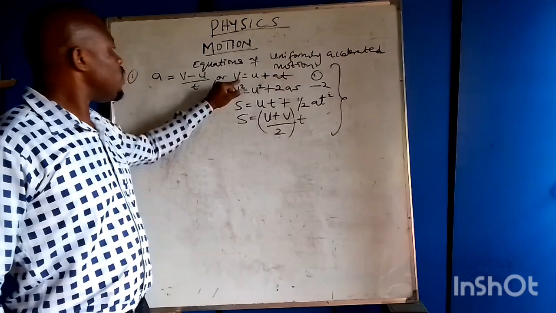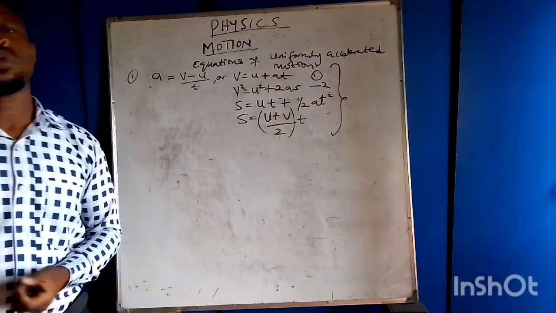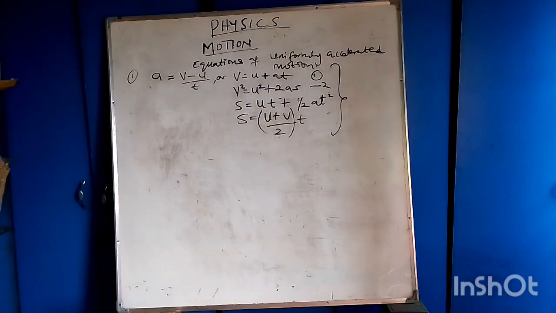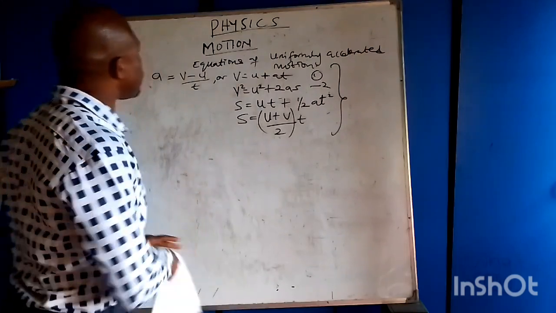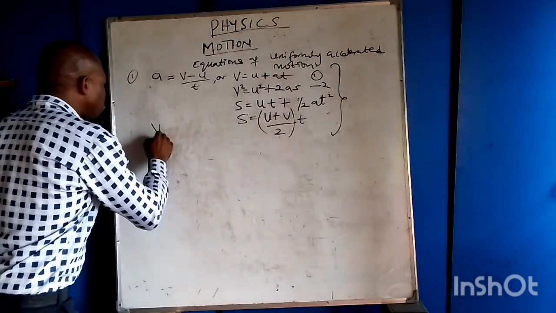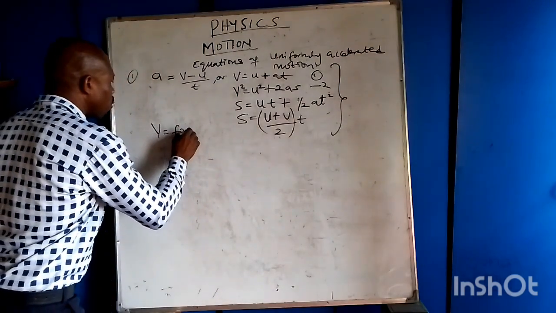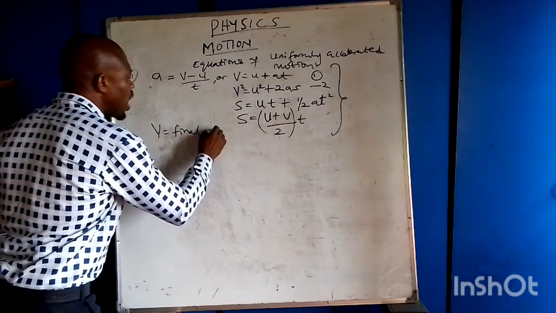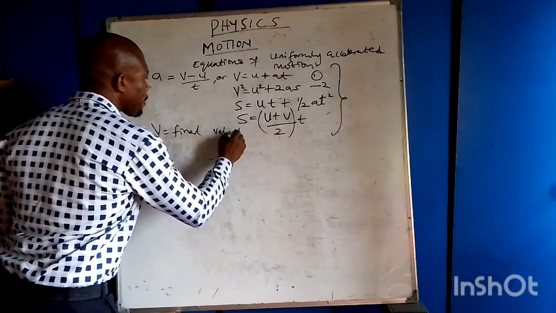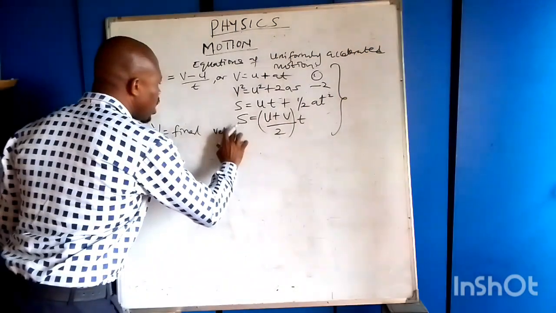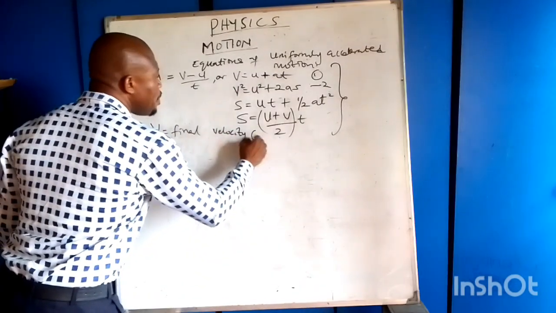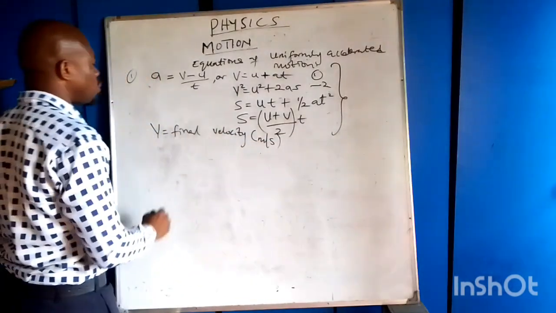Now we define each of these terms one after the other. We have our v, u, a, s, and t. V is the final speed or final velocity, measured in meters per second.